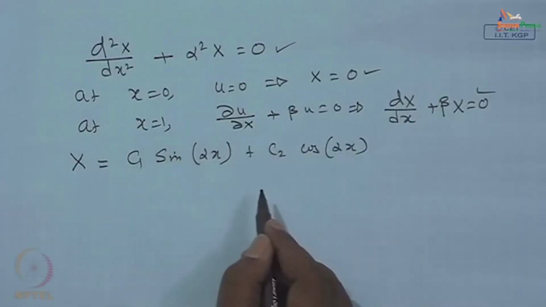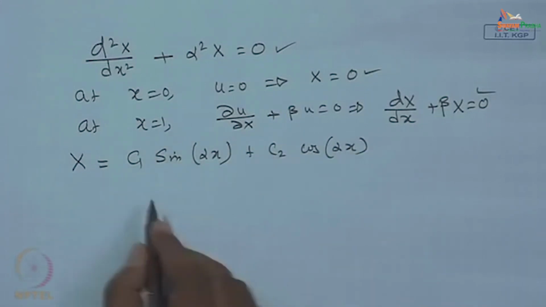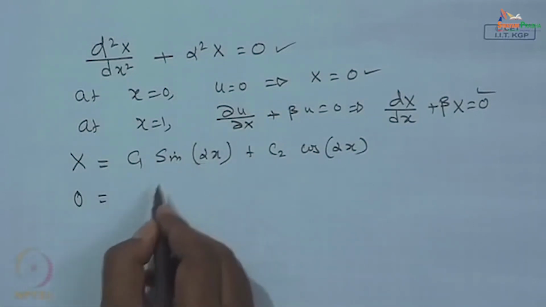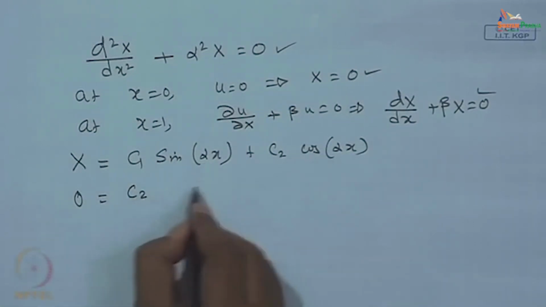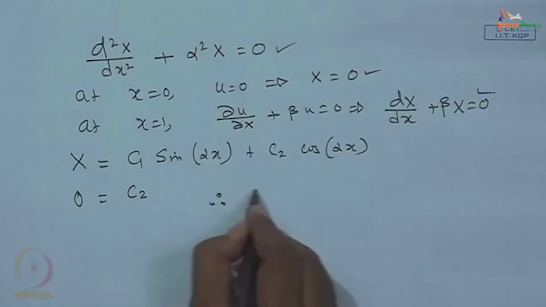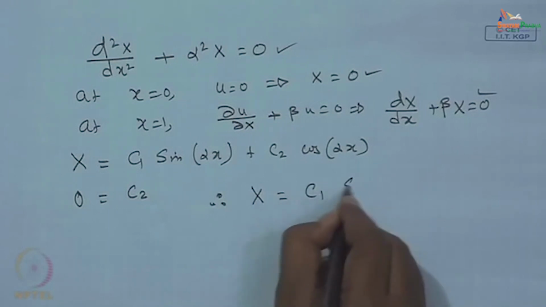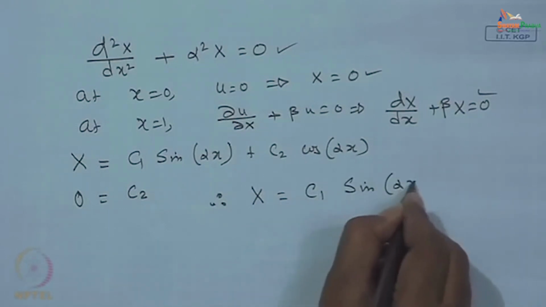Solution is composed of the combination of sine and cosine functions. If you put x is equal to 0, C1 sin 0 is 0. So, this becomes C2 cos 0, which is 1. So, C2 equal to 0. Therefore, the eigenfunctions are nothing but the sine functions C1 sin alpha x.